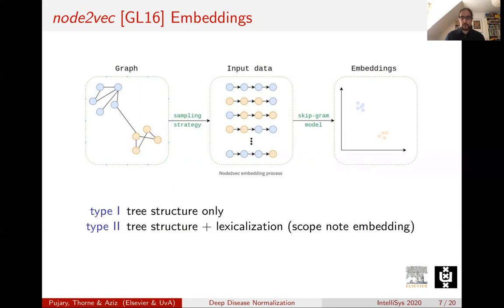One where we only took into account the tree structure, and one where we lexicalized it in a way by basically seeding the output embedding matrix with the ELMo embeddings of the scope notes of the nodes. And important to notice here is that both the mention and the node embeddings were pre-trained.